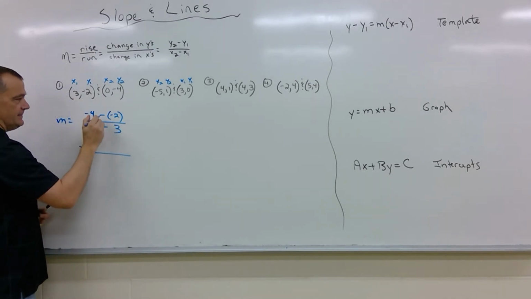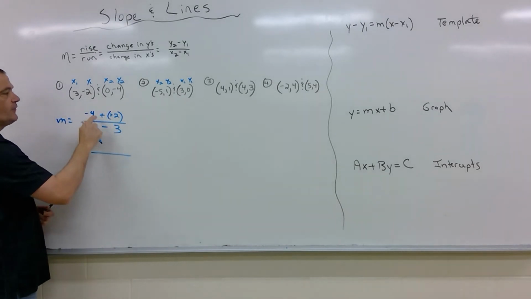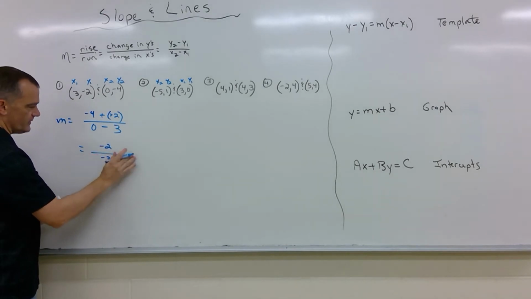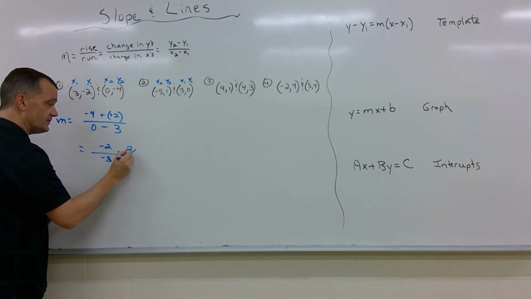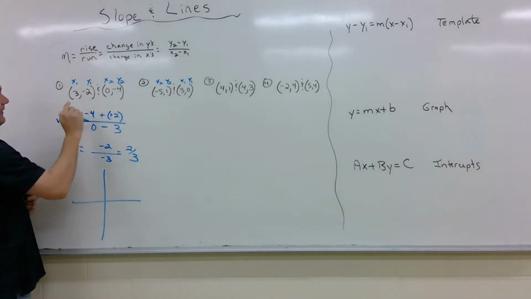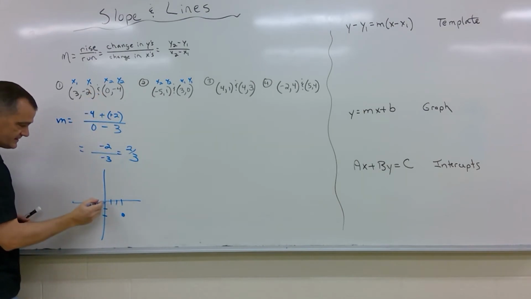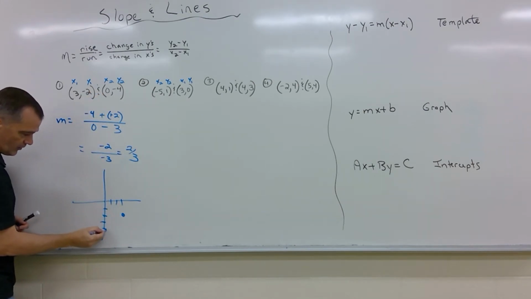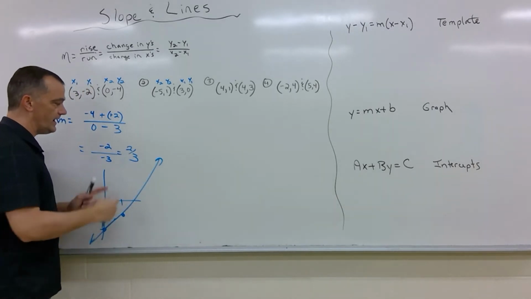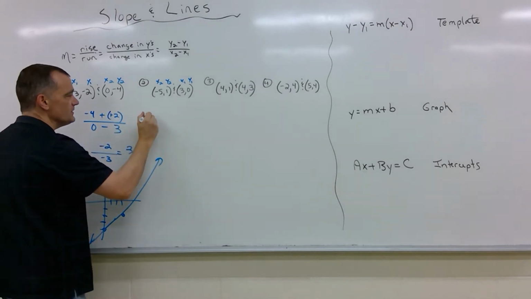Some of you like that keep, change, change: minus a -2 is -4 plus 2, which is -2 over -3, which is a positive 2/3, a positive slope. So what that means is, if I were to graph 3, -2, and then graph 0, -4, we quickly see that this is a line that rises to the right, hence the positive slope. Very cool.